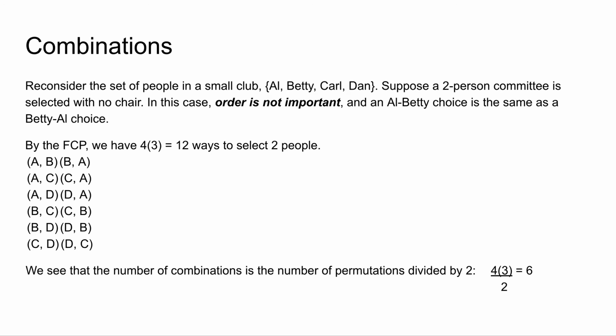Committee members starts with a C, and combination starts with a C as well. So you can easily remember when to use combination with the example of choosing a committee, and you can think about when you need to use permutation by thinking about the example of choosing president, treasurer, secretary, and so on.